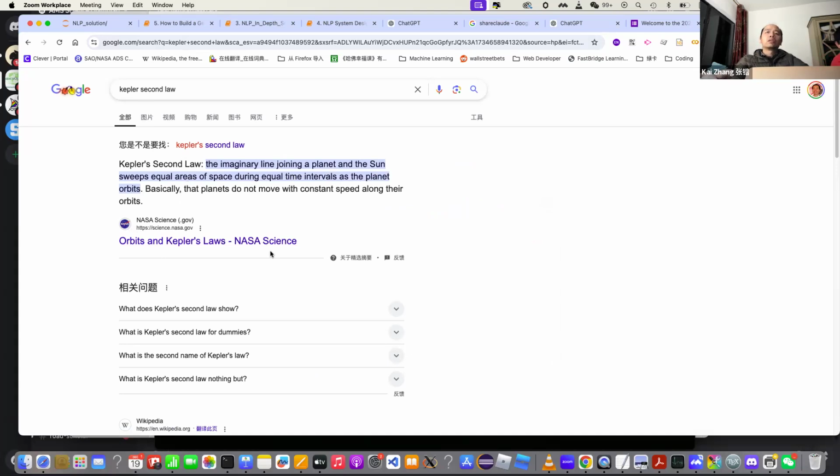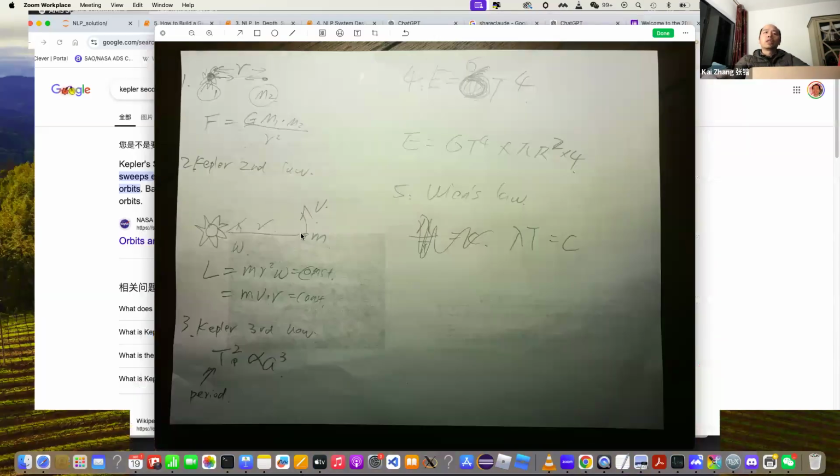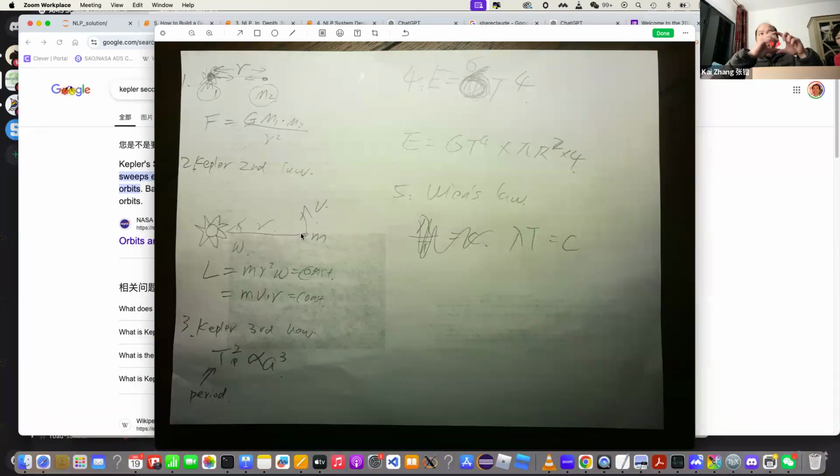A typical question would be, for example, that the orbit around the sun is elliptical, so the distance between the sun and the Earth is not always the same.